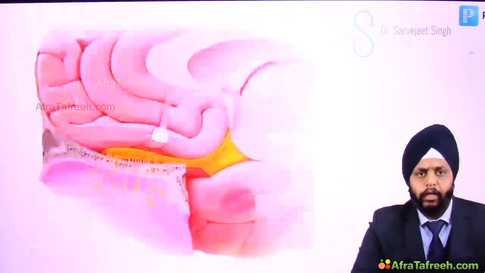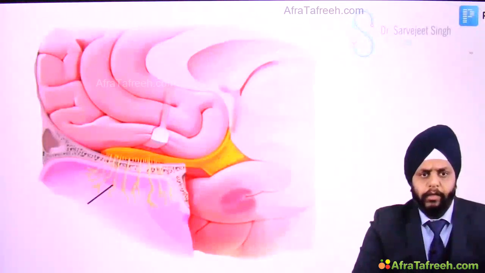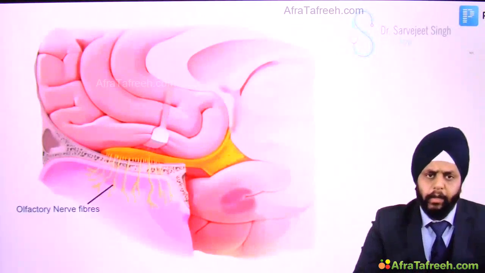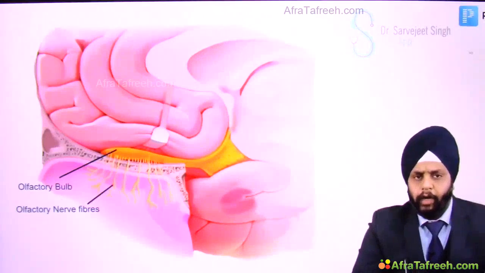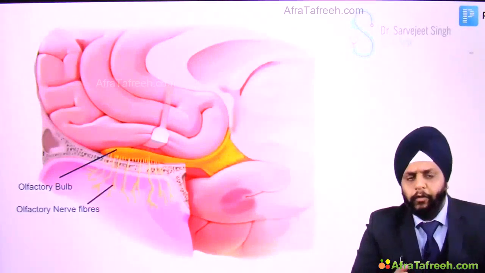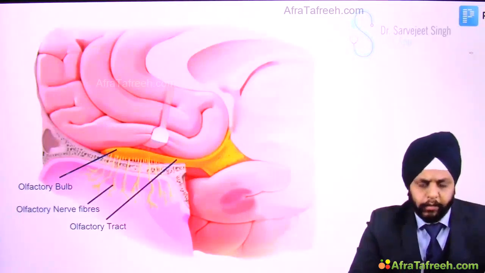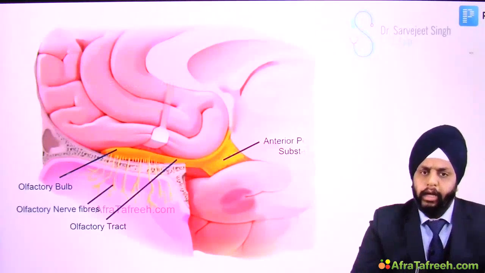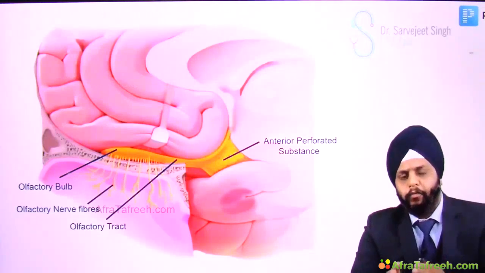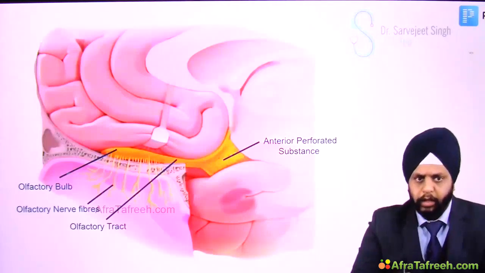Right? Okay, now once again, we just saw these olfactory nerve fibers, we saw the olfactory bulb, and you can see that from this olfactory bulb, we have the olfactory tract. Now when this olfactory tract reaches the anterior perforated substance, this place is known as olfactory trigone.